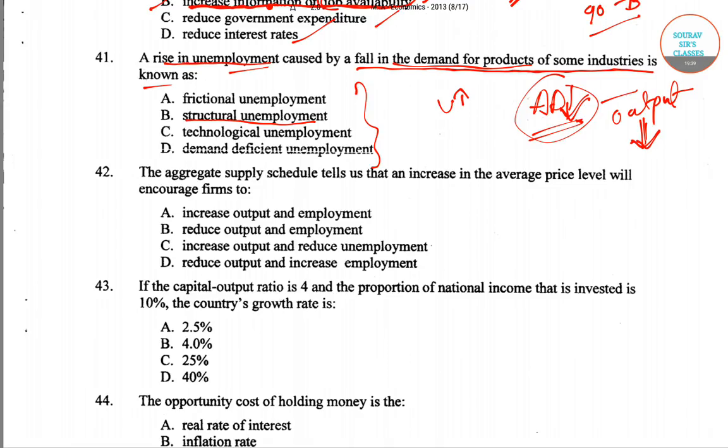Now when output falls, the unemployment rate starts to rise, and we say that structural unemployment has taken place. So structural unemployment is unemployment caused by a fall in demand for products of some industries. So for question number 41, the right answer is option B.